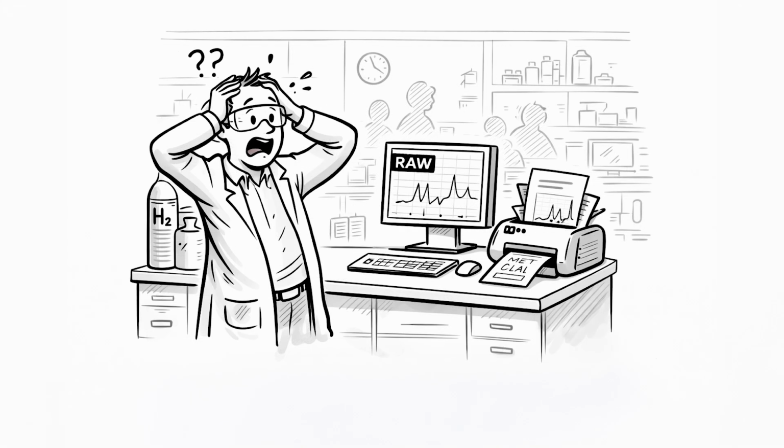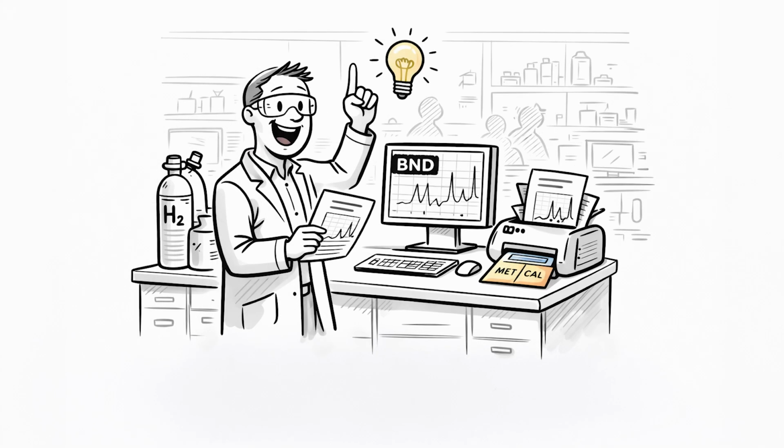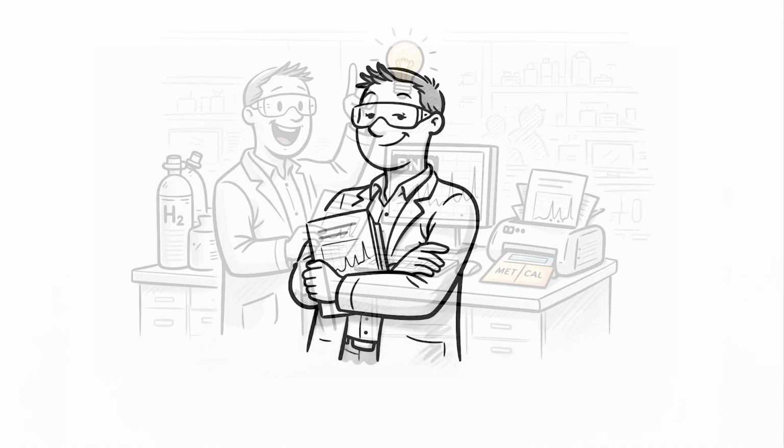More importantly, the calculated results are no longer the same. Nothing has happened to the signal. The difference is that the raw file is now being processed using the updated external method and calibration files. Fortunately, Bob also created a bound file at the time of the original analysis. When he opens the bound file, everything appears exactly as it did when the report was first generated.